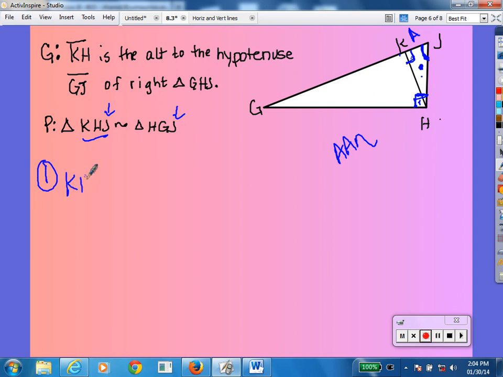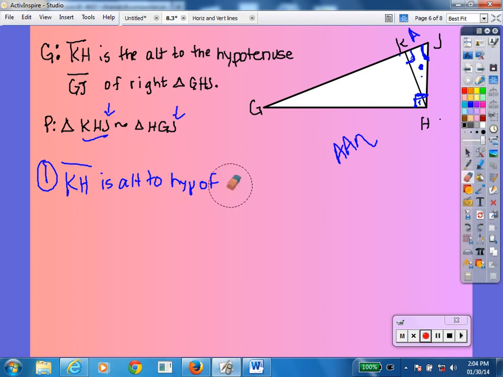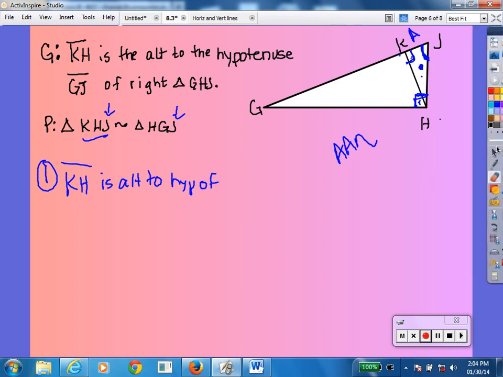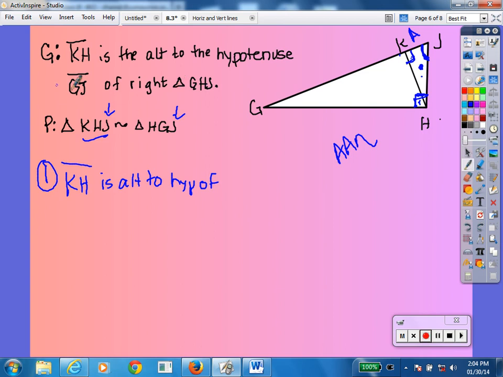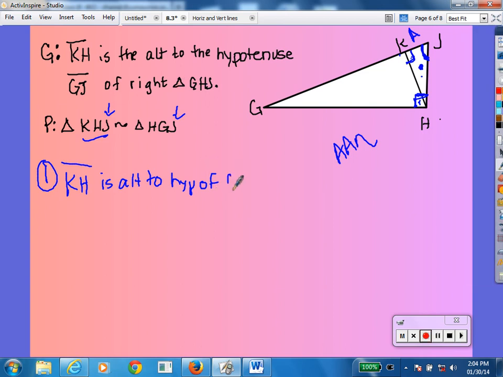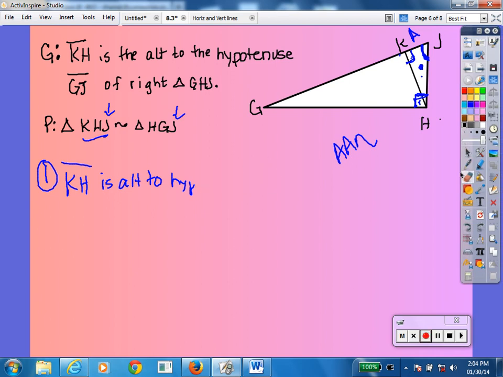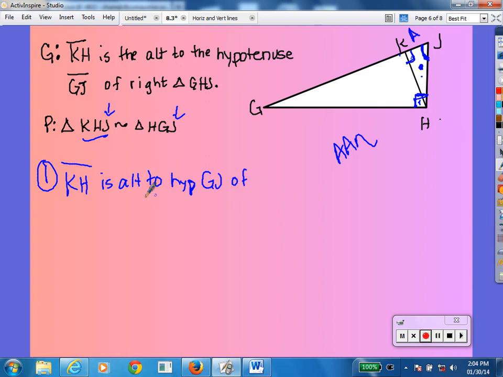So we'll start with KH is the altitude to the hypotenuse. That's our given. To the hypotenuse GJ, the hypotenuse of the right triangle GHJ.